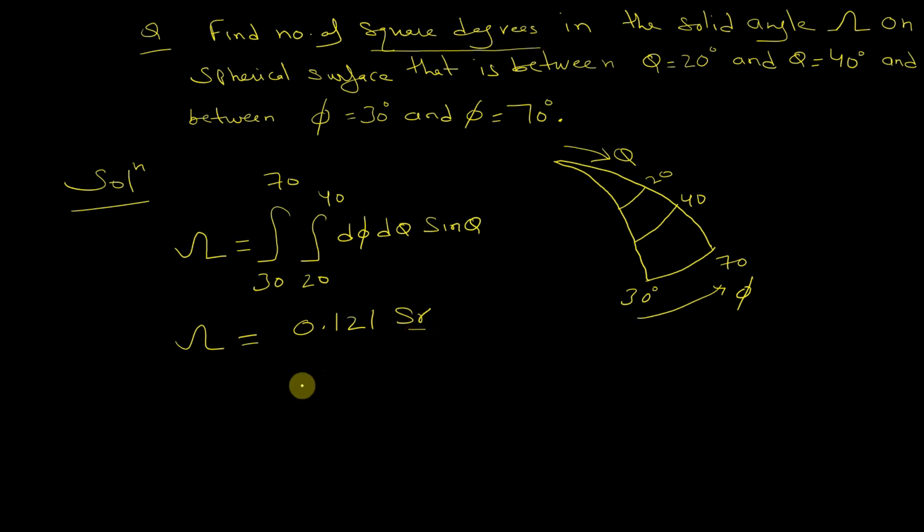This is in steradian, so we have to multiply it with 3283. That will be equal to 397 square degrees. This is very simple. So this is how we can solve the solid angle problems.